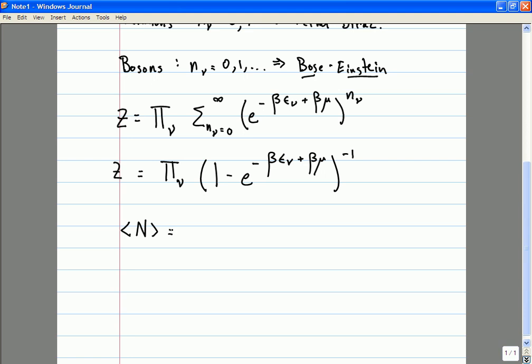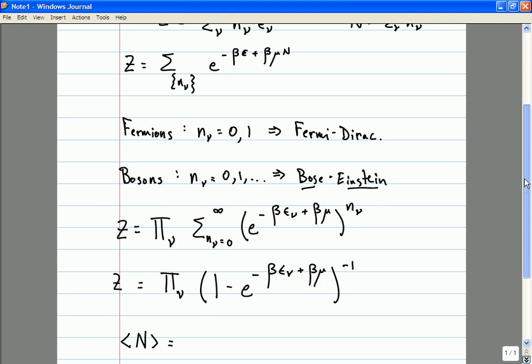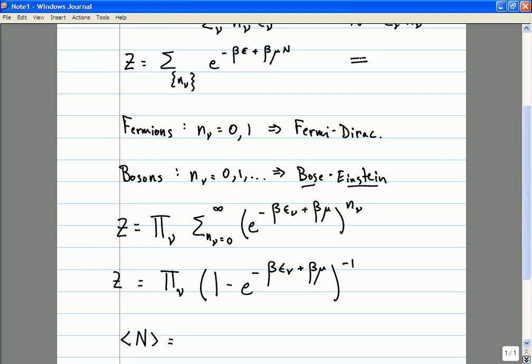So of course, just staring at our formula for the partition function up here, you can see that in order to compute the expectation value of the number operator, we just need to take Z inverse beta inverse times d by d mu of this partition function. Okay.